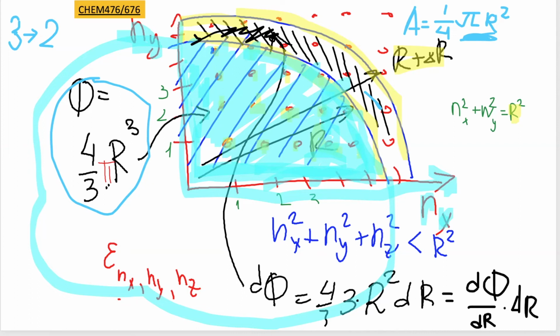So if you take the derivative of r cubed, we have 3 r squared. Here is the 4/3, and then we have dr for the thickness of the layer.